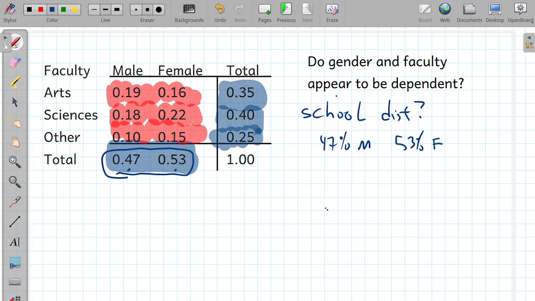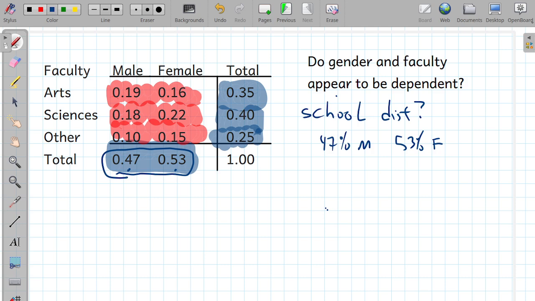The column totals tell me that there are 6 percentage points more females at this school than males. So if faculty and gender are independent, then we should have similar percentages for each of the faculties. If they're dependent, then they will be different. We're not talking about exact matches here, so this is where you have to make a judgment call.